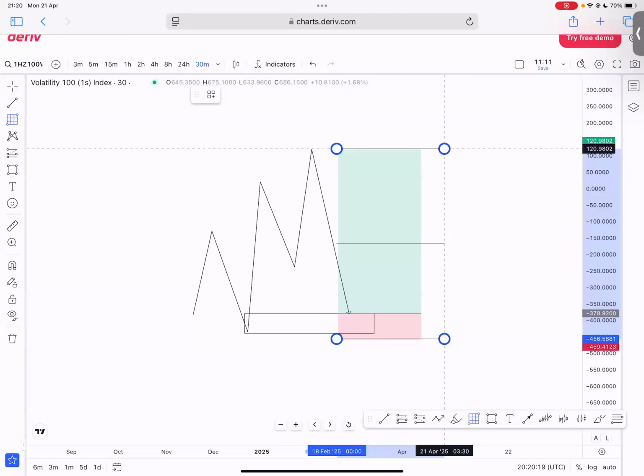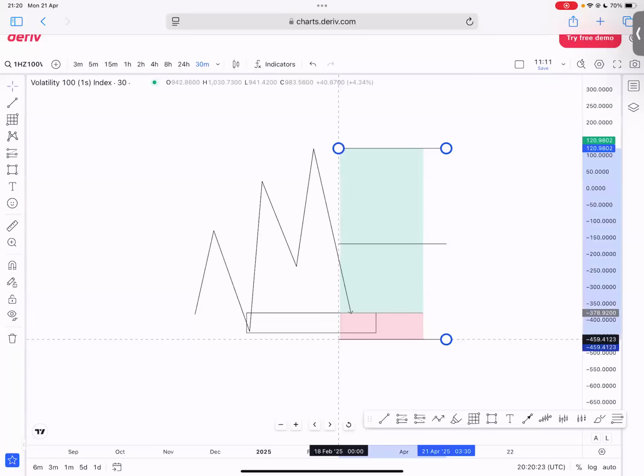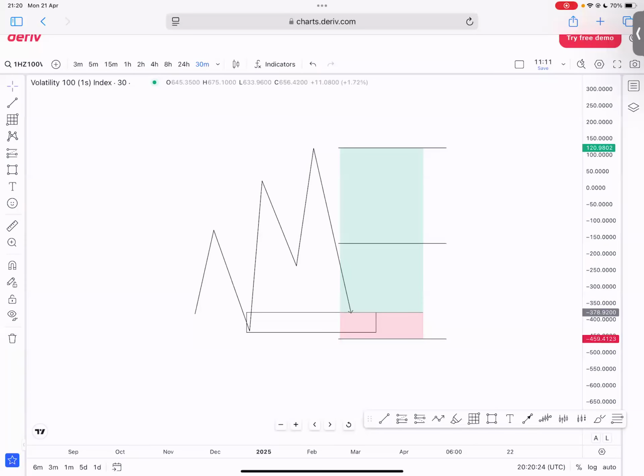Every stacking at this level will be done in the first 50%, from the zero to this 0.5. Once price breaks above this level, you're no longer stacking.